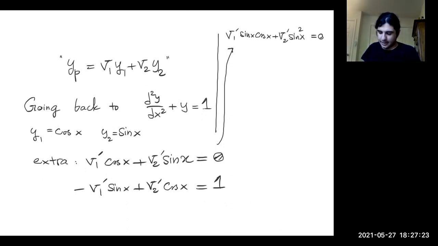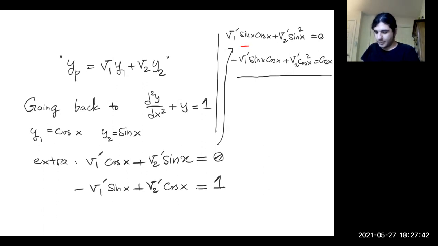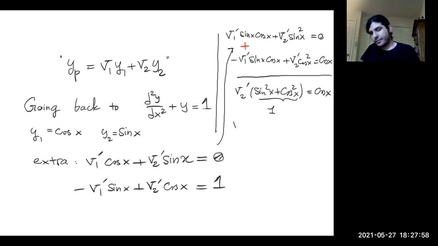And I would multiply the second equation by cosine. So v1 prime sine of x cosine of x plus v2 prime cosine of x squared is equal to cosine of x. Now, if we subtract these two equations, or add them actually, we see v2 prime times sine squared of x plus cosine squared of x, which is equal to 1, is equal to cosine of x. So v2 prime is equal to cosine of x.